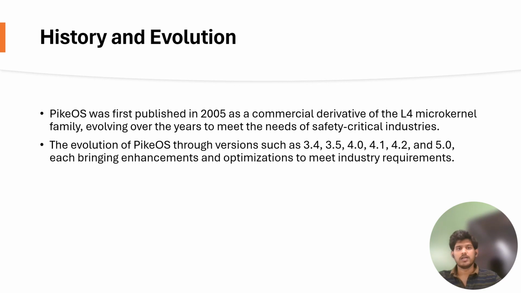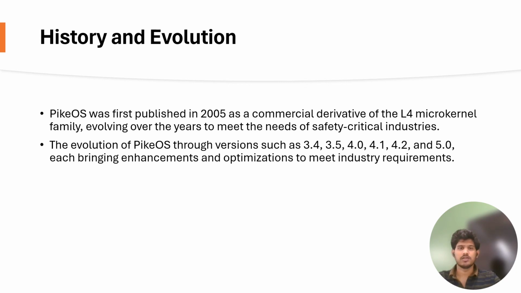PikeOS was first published in 2005 as a commercial derivative of the L4 microkernel. Then the versions 3.4, 3.5, and the latest version, 5.0, were released.